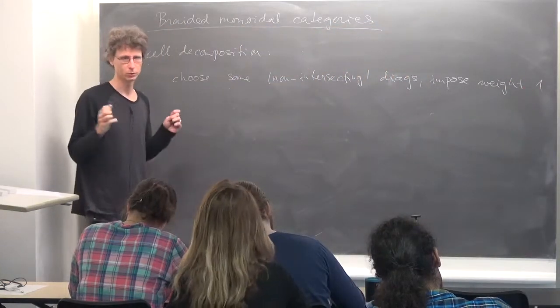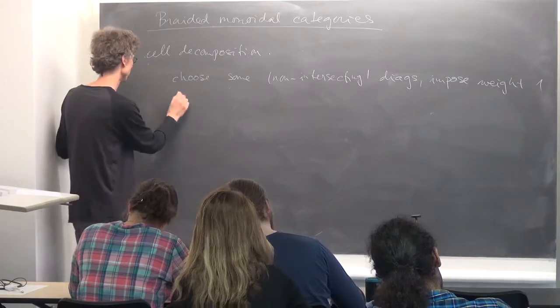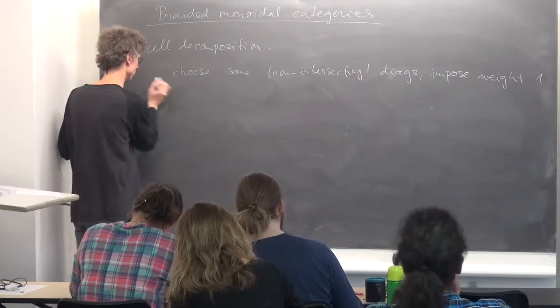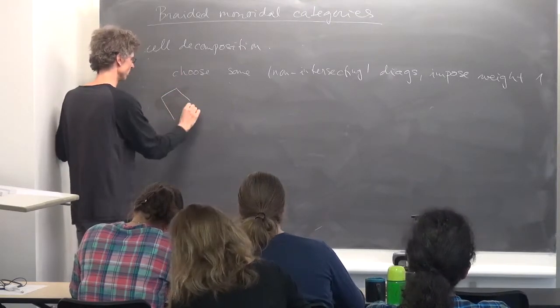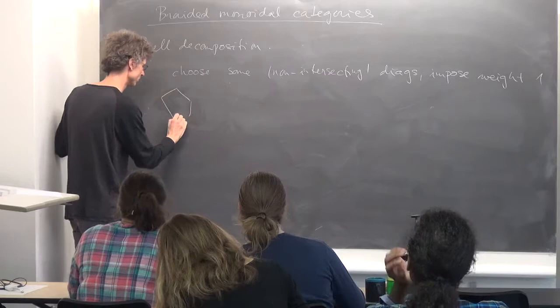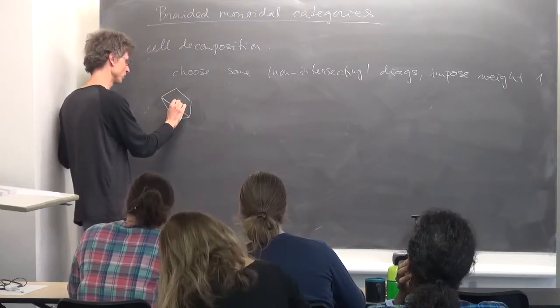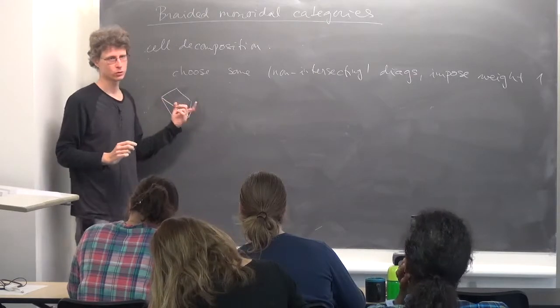And the part of the space which is obtained in this way, say we take one of those pentagons. I'll just say that I impose that here is 1, but I don't impose anything else.